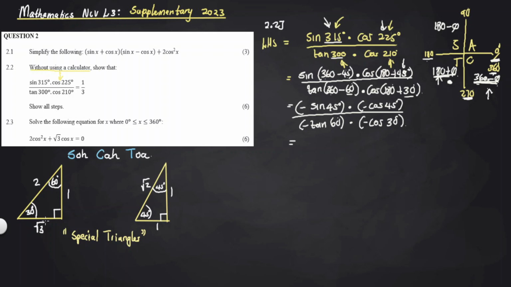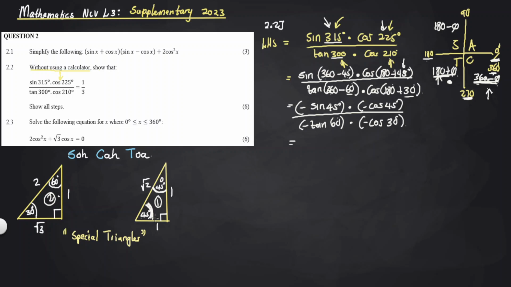Then you go ahead and consult your special triangles. For sine 45 degrees, you can use either 45 angle, it doesn't matter.